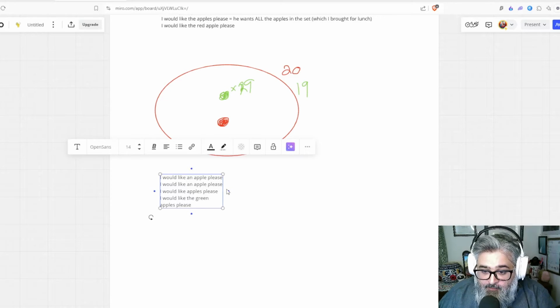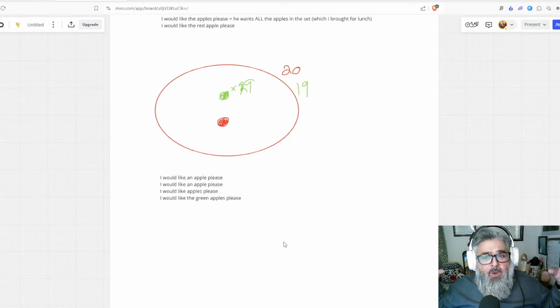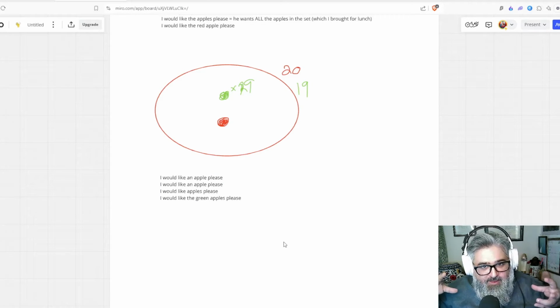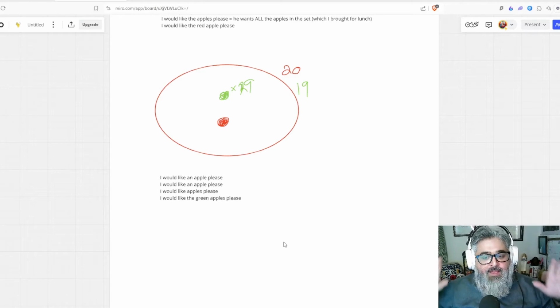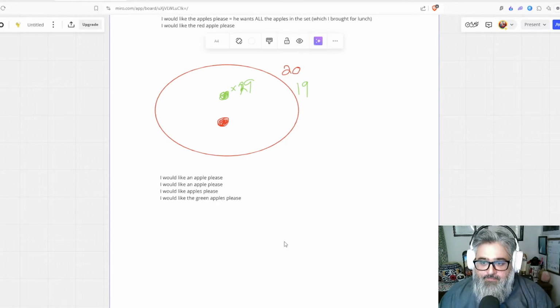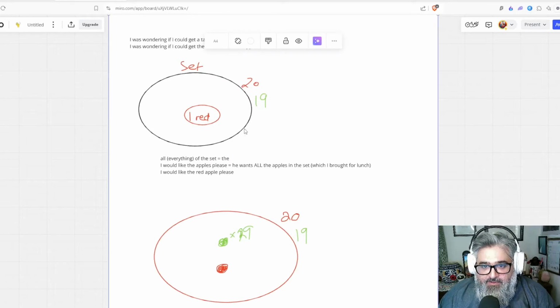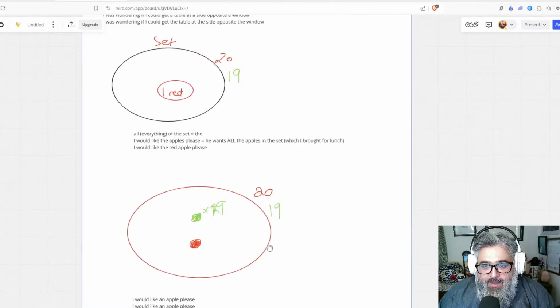So we can use the for plural, because we've narrowed the set down using the modifier green apples. So 19 apples in this set, and he wants all of them. So he's saying, I would like the green apples, please. Right? There we go.